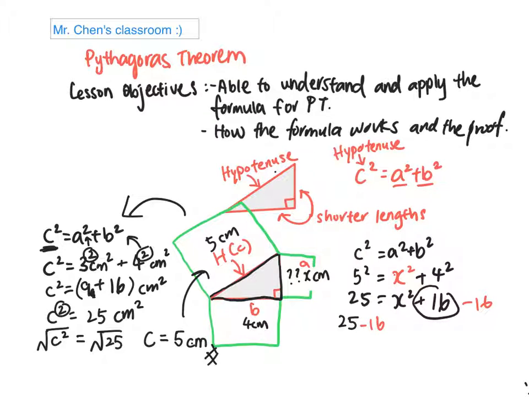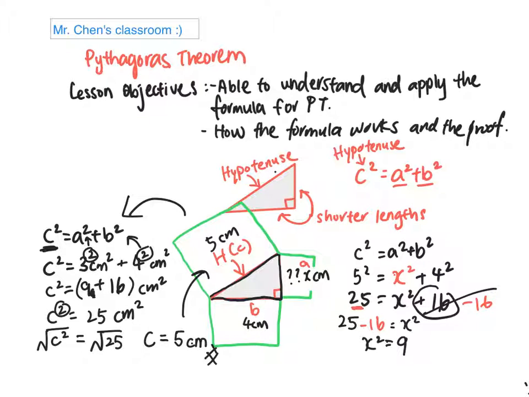Remember it's not 16 minus 25, it's the bigger number minus the smaller number, whichever comes first, because the 25 is there, so you start with 25 minus 16, and then equal to x squared. So this one is gone, because plus 16 minus 16 is 0, so we don't need that. So x squared is equal to 9, because 25 minus 16 is 9.